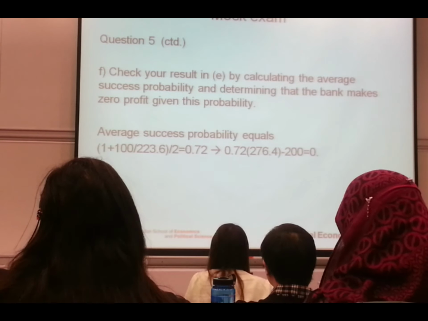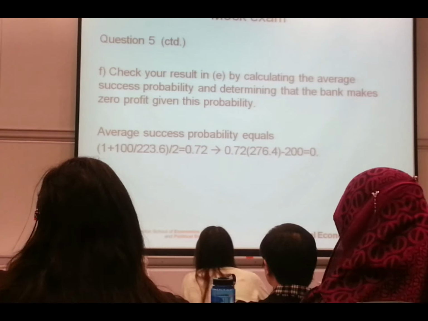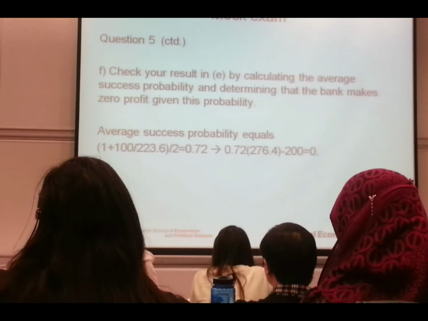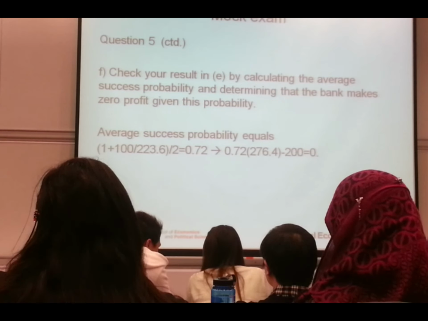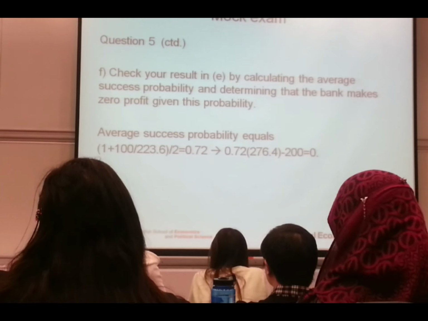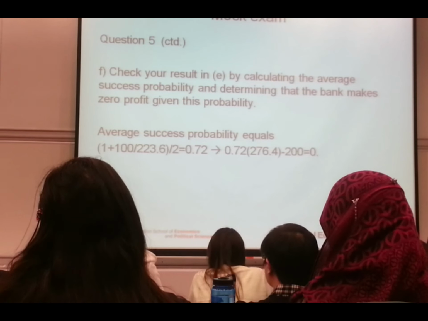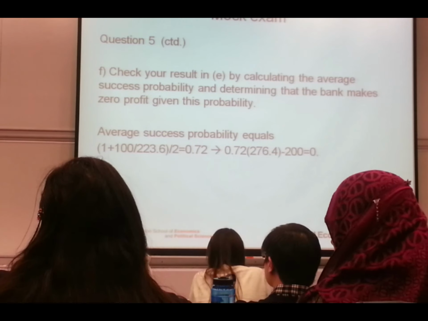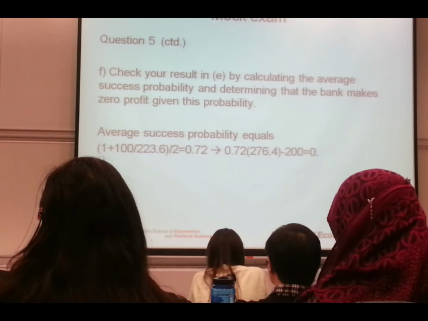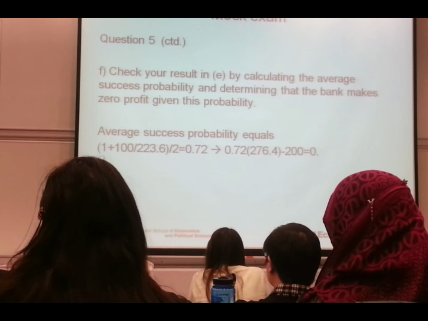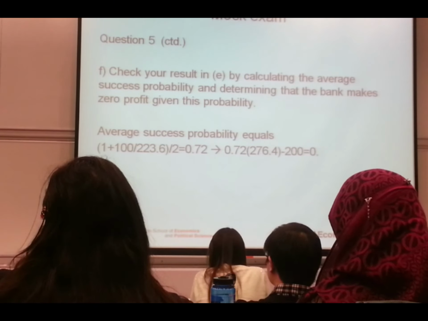So it was all about setting up the entrepreneur's problem, and when does he want to undertake a loan? He wants to undertake a loan if his expected profit margins are positive. What is the bank's profit function? The bank's profit function is basically the likelihood that it will be paid times the repayment minus the loan that it takes out. And then it was about finding the optimal value and the average value.